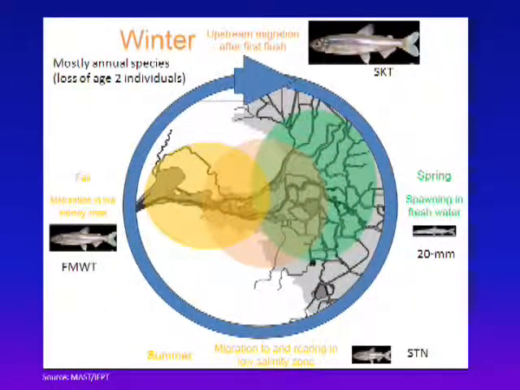Delta Smelt is in essence a one year life cycle species. It has lost a lot of its age 2 individuals.